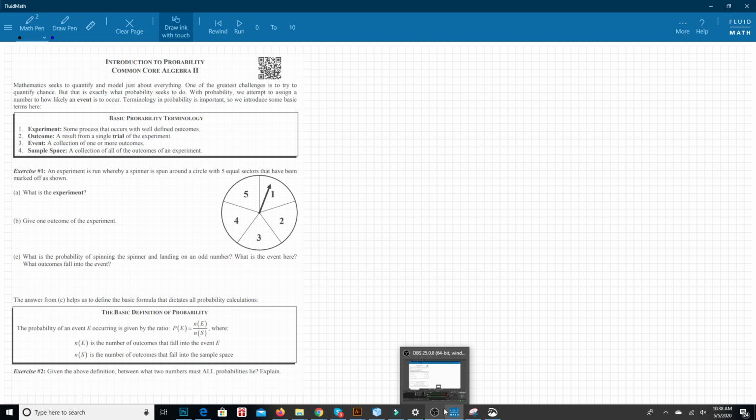When we defined an experiment before, it said some process that occurs with a well-defined outcome. So in this case, our well-defined outcome would be either the spinner landing on 1, 2, 3, 4, or 5, right? So that's the experiment. The experiment is spinning the arrow so as to find the outcome of either 1, 2, 3, 4, or 5, right? Then B says give one outcome of the experiment. Well, one outcome of the experiment is hitting a 1 or hitting a 5, right? Or hitting a 3. Those are some of the outcomes, right?